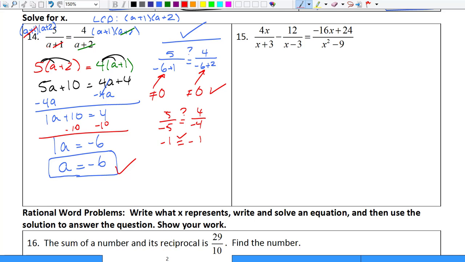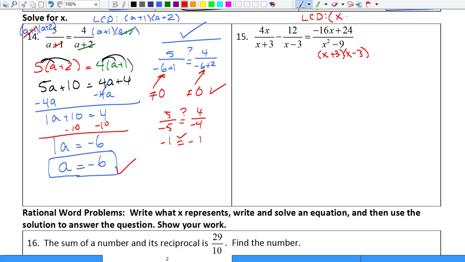Okay, on the next problem, looks like we have a factorable denominator on the third fraction. So x squared minus 9 factors into x minus 3 times x plus 3. So yay, that's very helpful. The reason that's very helpful is because both of those factors already appear in denominators.